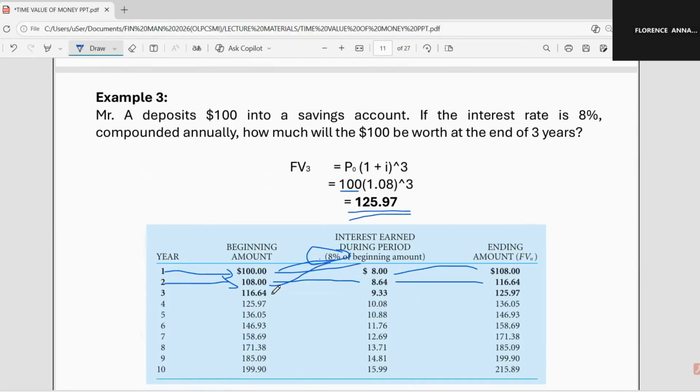When you multiply 116.64 with 8%, you will get 9.33 interest. You add that from 116, you get 125, which is your future value at the end of 3 years. Both methods result to the same answer, $125.97.